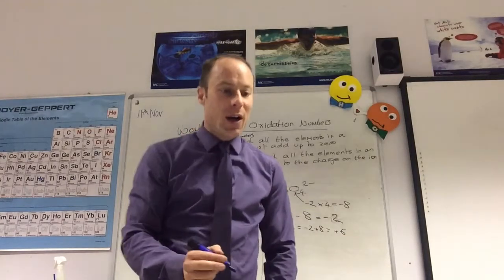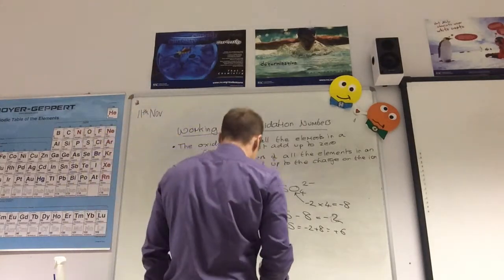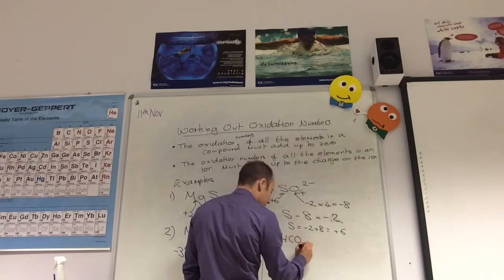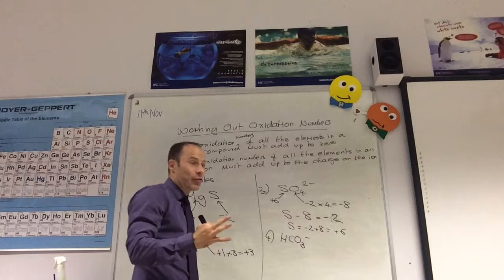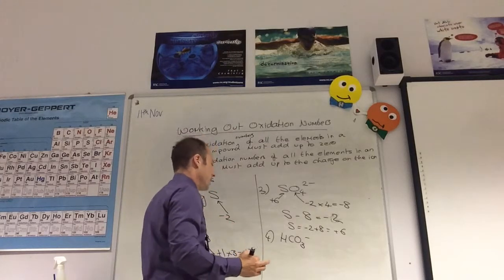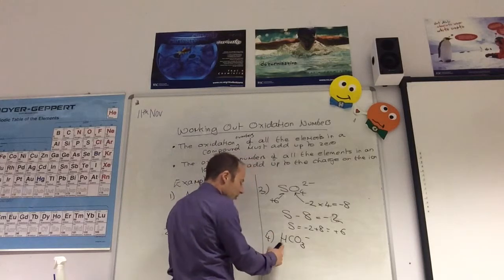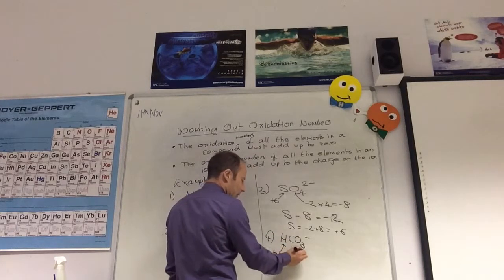Shall we do one more? Let's do the hydrogen carbonate ion, like so. So this has got 3 elements in. Have I told you anything about hydrogen? Hydrogen is normally +1.